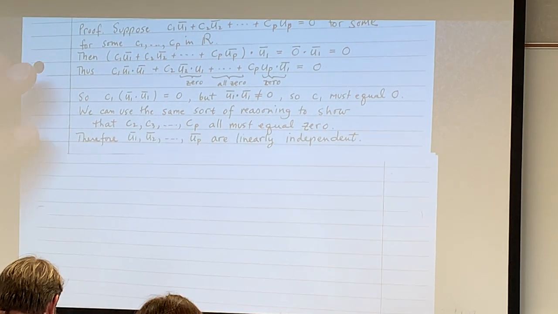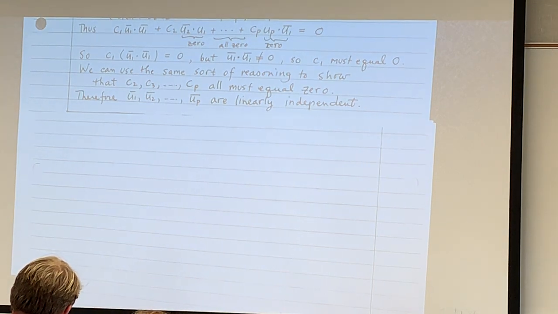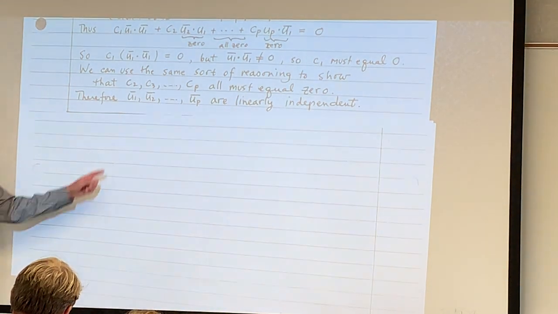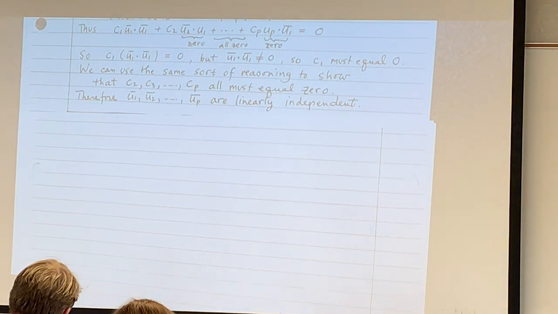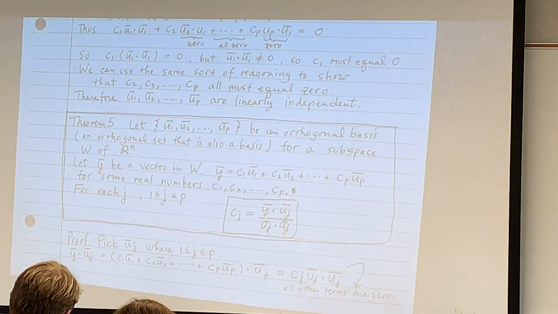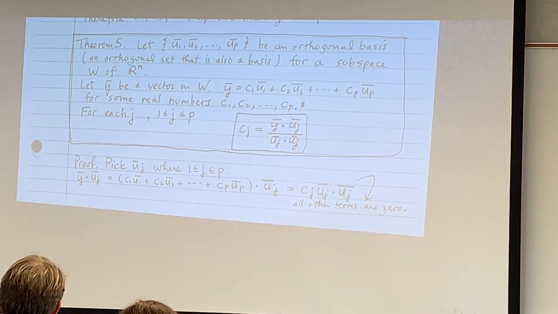So since all the scalars have to be equal to 0, that's the only way to get that linear combination to be 0. That means U1 through UP are linearly independent. I think that's a pretty reasonable argument for you guys to be able to follow.